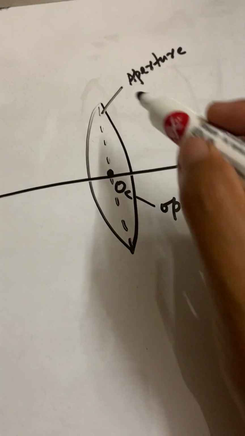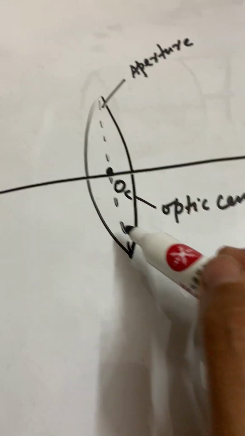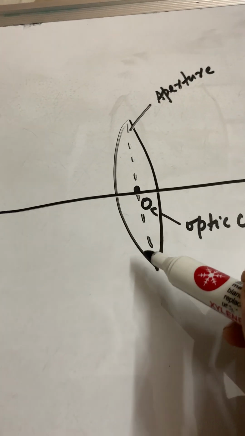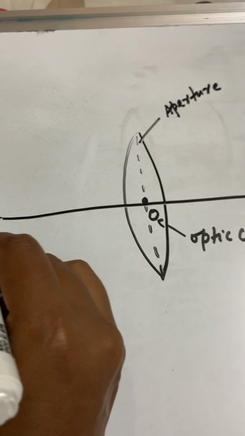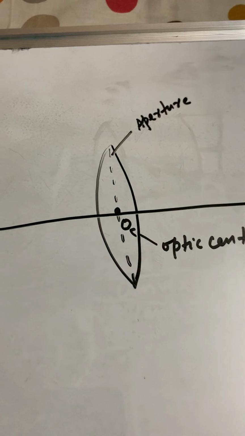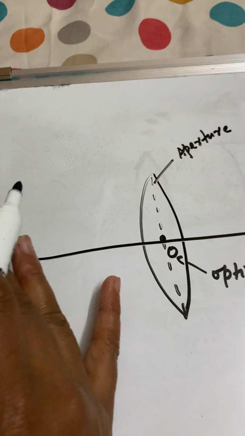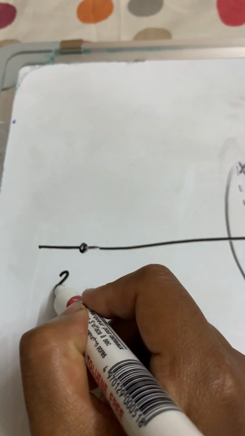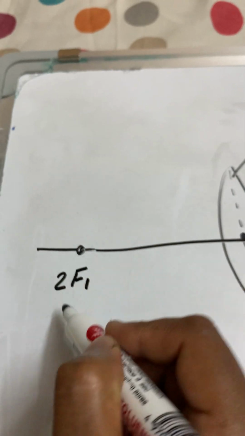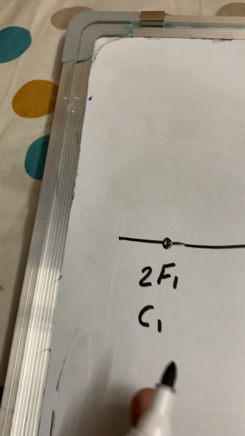Then the lens is made up of two spherical parts, that's why there will be two centers, on the left and on the right. On the left, we call it 2f1. It is the same as C1.